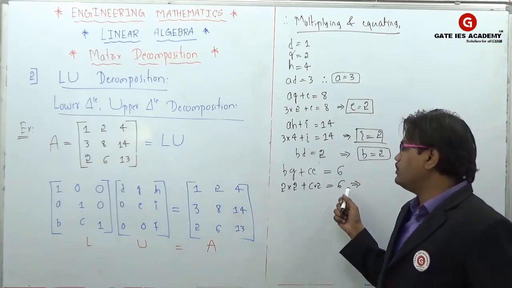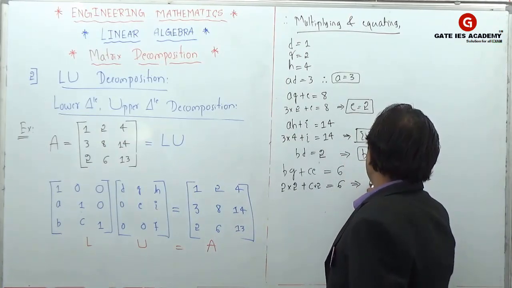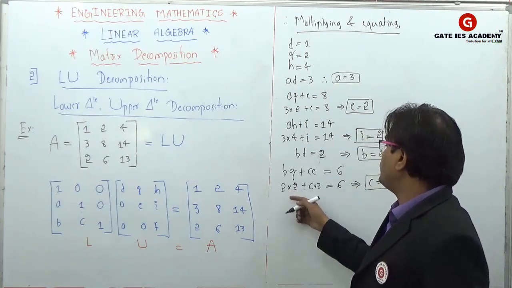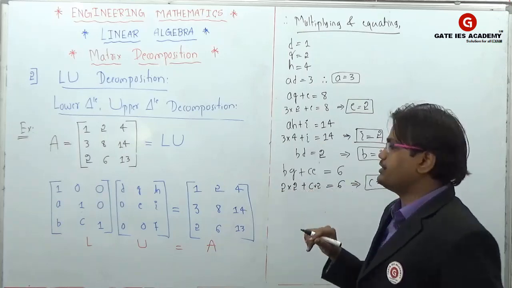So C equals 3 minus 2, which is 1. C equals 1.